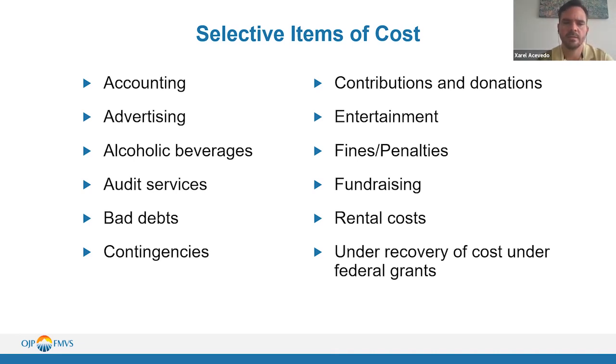Advertising. This is a great area, but there are basically just three main ways that advertising is allowable under federal programs. The first one is to get people to work on your program. Sort of let people know about your program and lure them in, right?